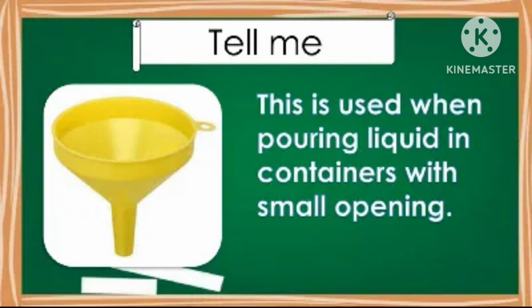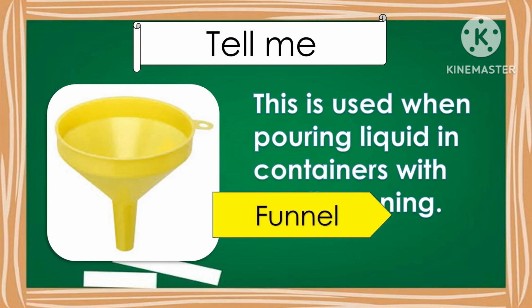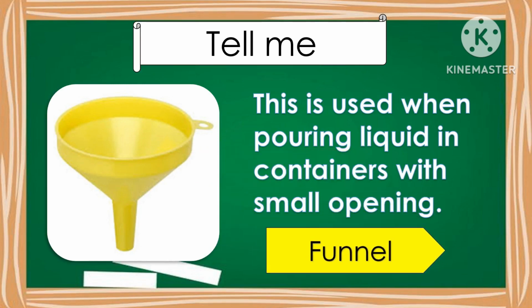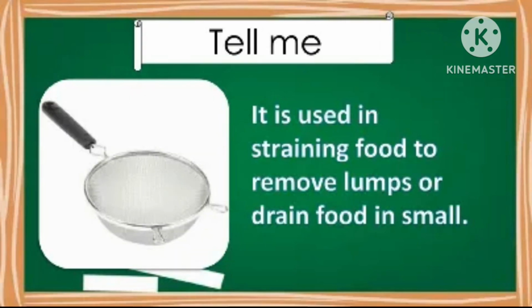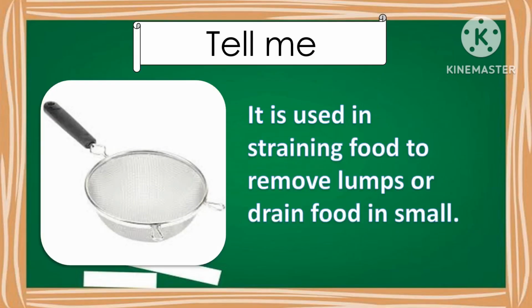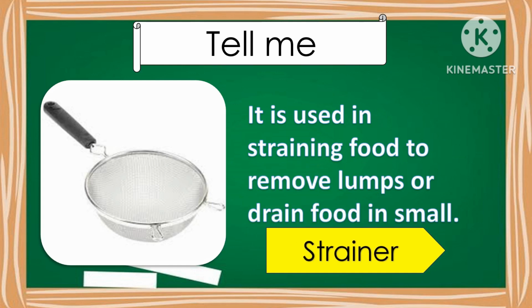What object is this? If your answer is funnel, then you are perfectly correct. Next, it is used in straining food to remove lumps or drain food in small. What object is this? If your answer is strainer, then you are amazingly right.